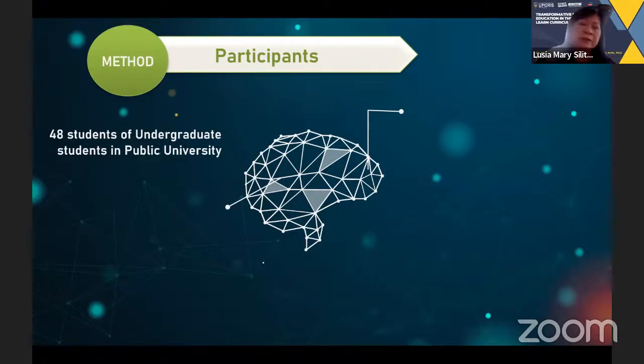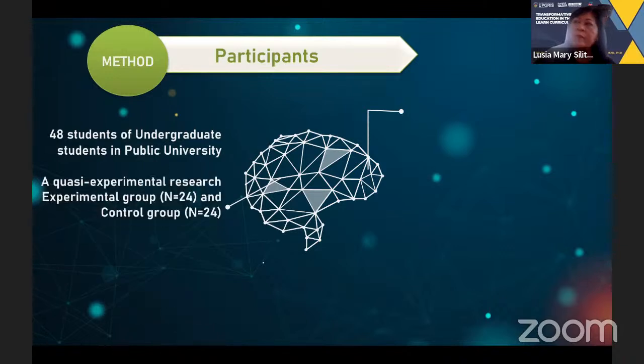I did this research at the end of 2021. I conducted quasi-experimental research, divided into two groups, an experimental group of 24 and a control group of 24. In quasi-experimental research, we usually have two groups, an experimental group and a control group.